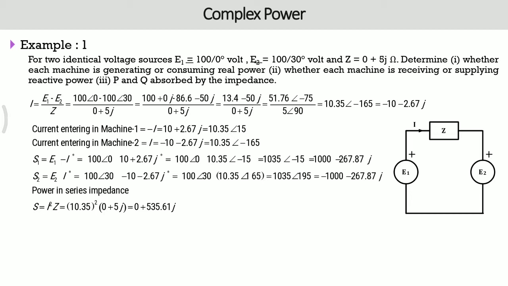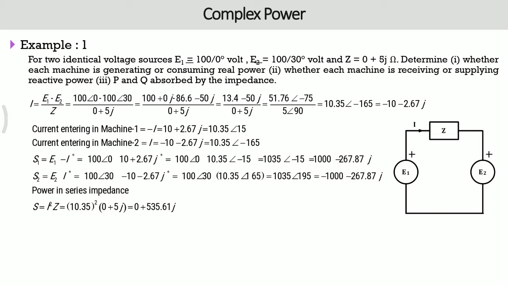We can say current entering machine 1 is minus I, because we assumed the direction I from E1 to E2, and now we want the direction of current towards E1, so we take minus I, and if we multiply this minus with the answer of I, we get the value of current entering machine 1.